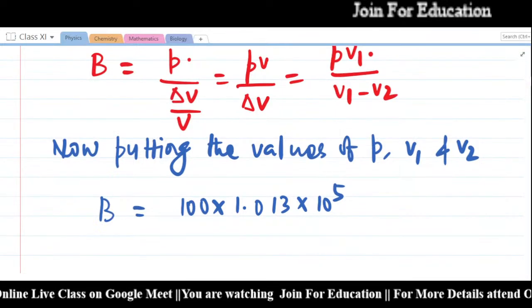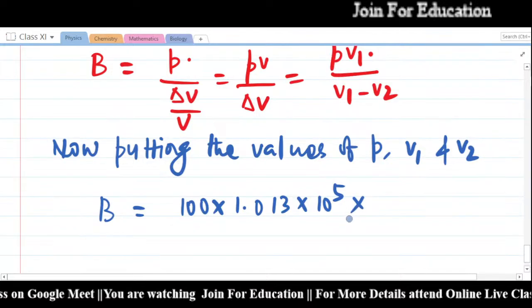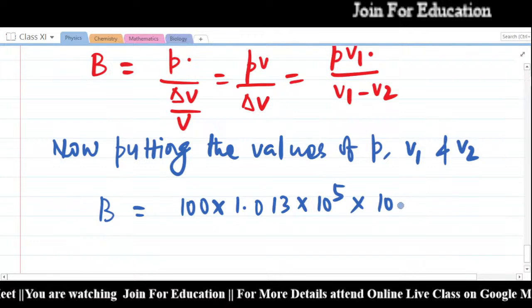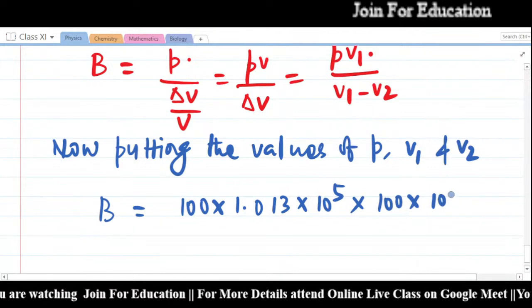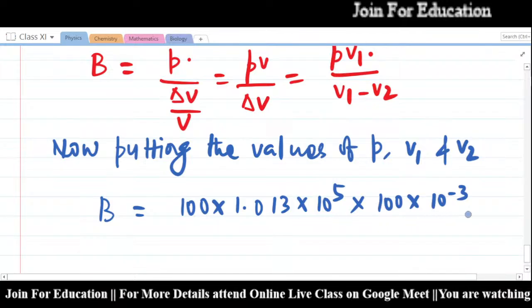and the value of V1 is 100 into 10 to the power minus 3, divided by V2 minus V1.